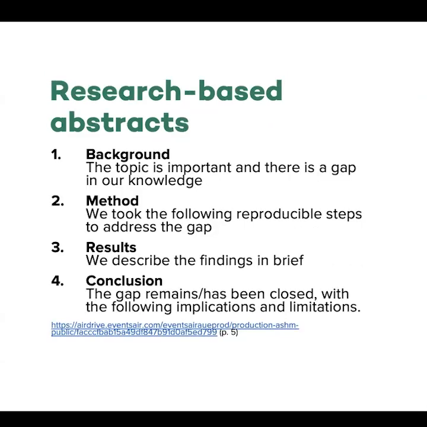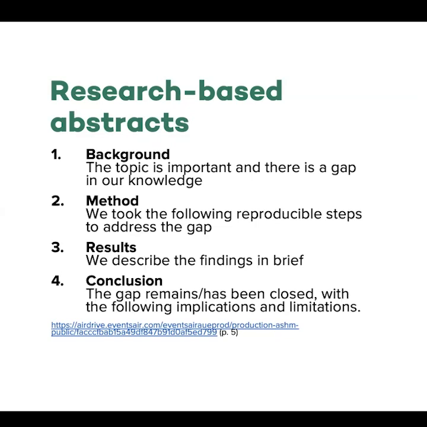Now, here is the broad structure for a research-based abstract. And you need to know this because this is kind of the gold standard, and even the practice abstracts will get compared to this format. This is the format recommended by ASHM, by the way. ASHM say we want to hear background that shows the topic is important and there's a gap in our knowledge.